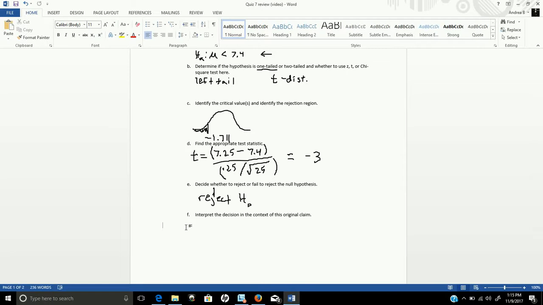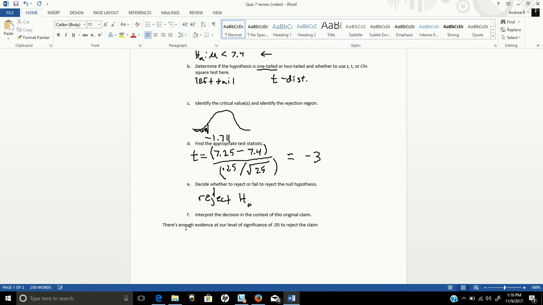So here we have that there's enough evidence at our level of significance of 0.05 to reject the claim, because remember your interpretation always has to be in terms of the claim.